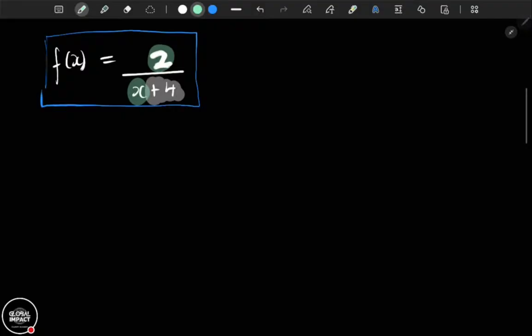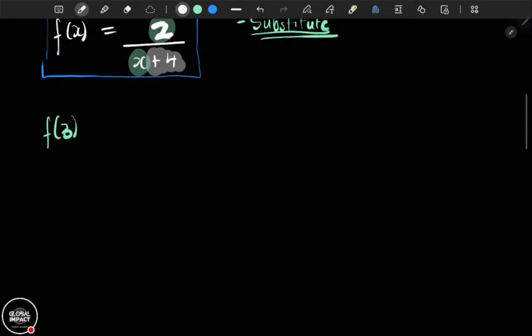Okay, now what we are saying is you will have a formula for your function. So the things that we should be able to do, number one, we should be able to substitute a value into a function. If they say, find f of 3, how do we find f of 3?